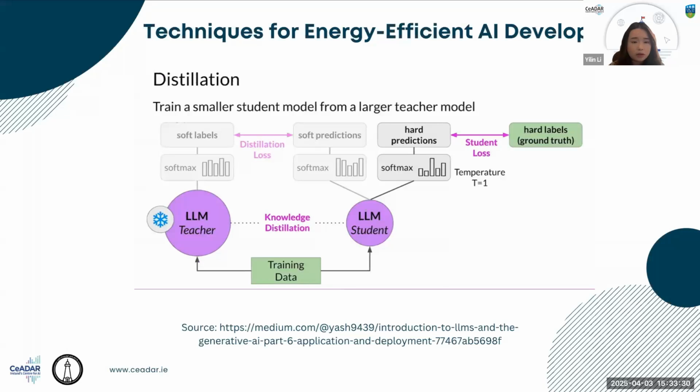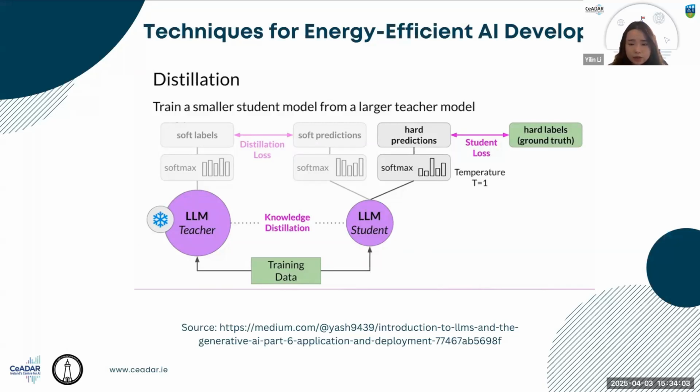First is distillation. Distillation is one of the most popular techniques for building smaller or more efficient models. You start with a big model called the teacher model. Instead of training the smaller model directly from the data, the smaller student model learns from the teacher model's predictions.